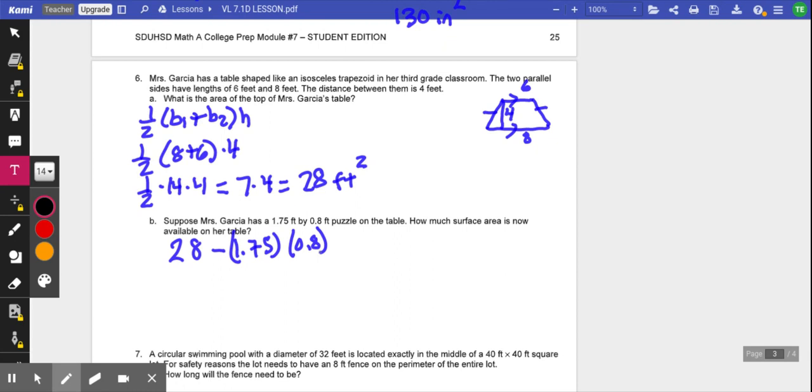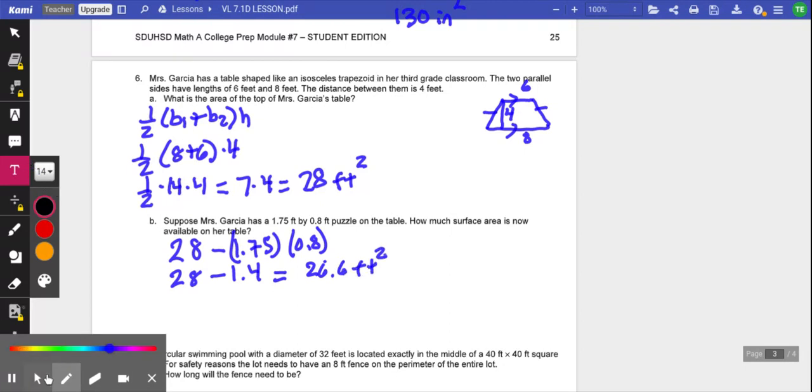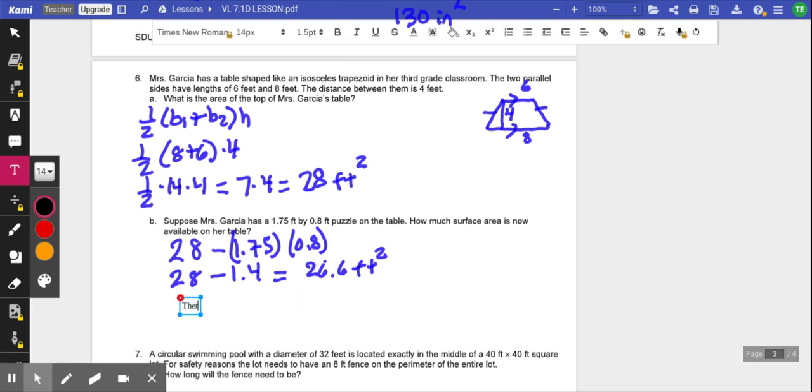Okay, so 28 minus 1.4. We get 26.6 feet squared. There are 26.6 square feet left on our table.